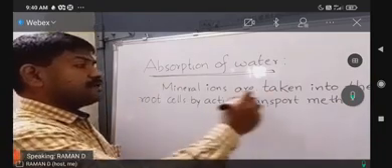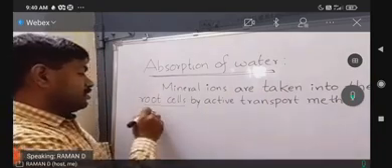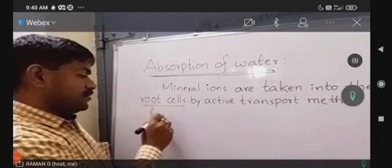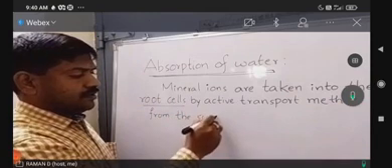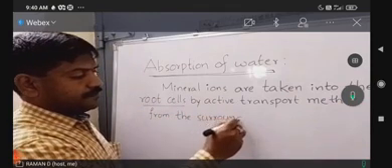From where? Mineral ions are taken into the root cells from the surrounding soil.